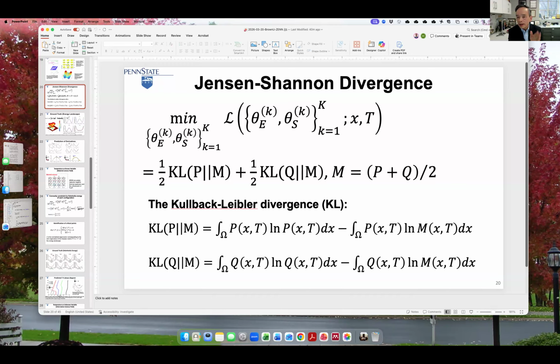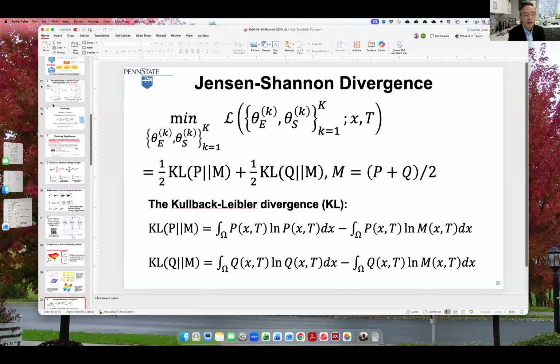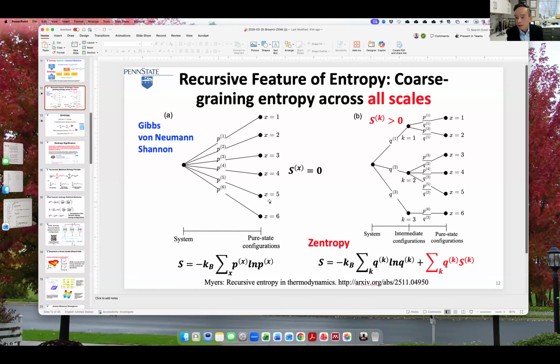We divide the system into configurations. That's an integer number, how many configurations we have. But as I showed in this slide, the configuration is really arbitrary. You can take any number of configurations, but it captures a feature of your system. So that's how to do the coarse graining.